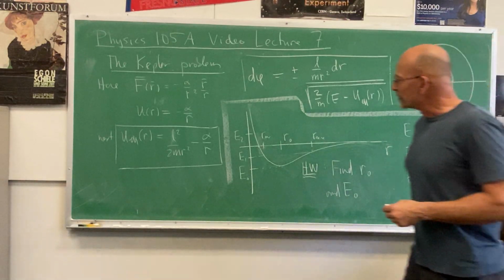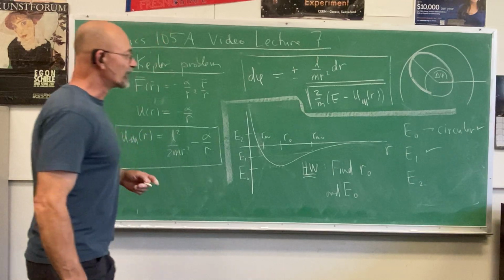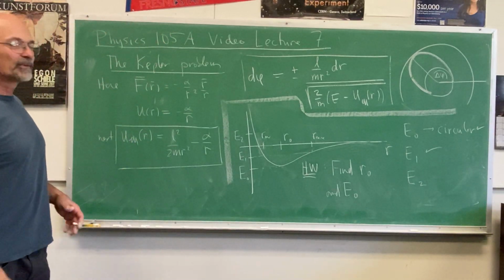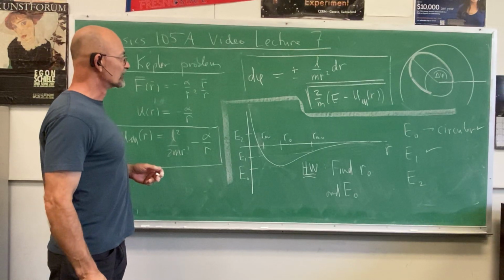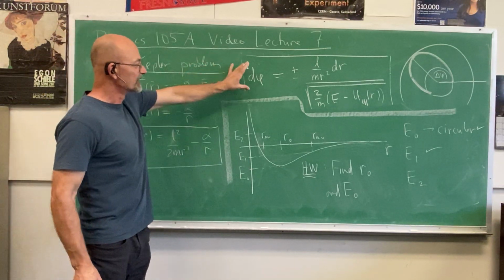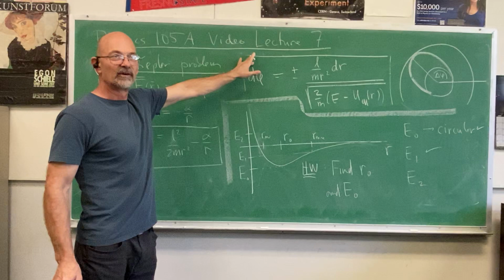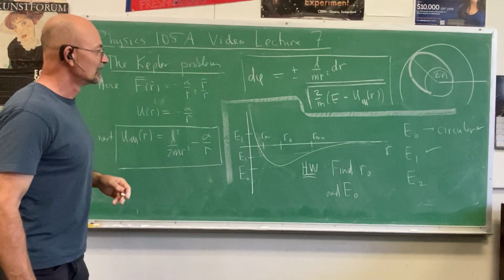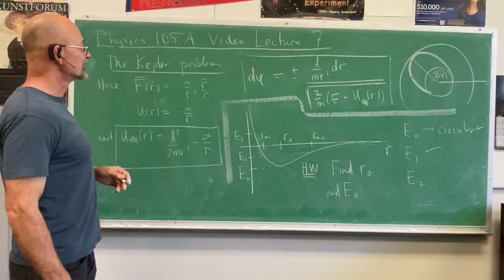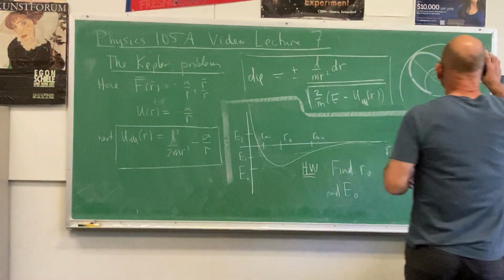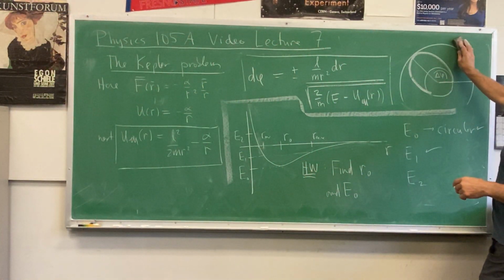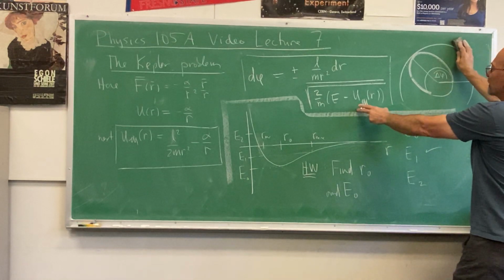So our next step, and we actually do have time, I'm going to set this up and dump the whole problem into your lap, because we're really at the point where we can integrate this up and get R of phi. And I'll set it up and then we'll get the culmination of it after the spring break. So yeah, what we're going to do is integrate this thing.